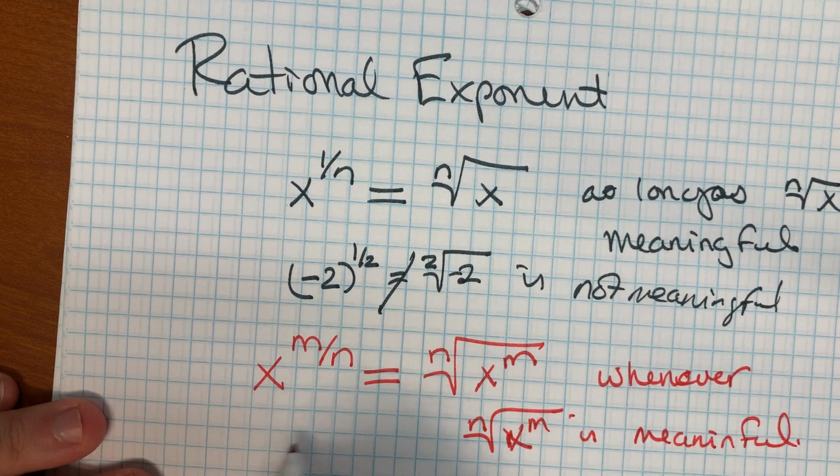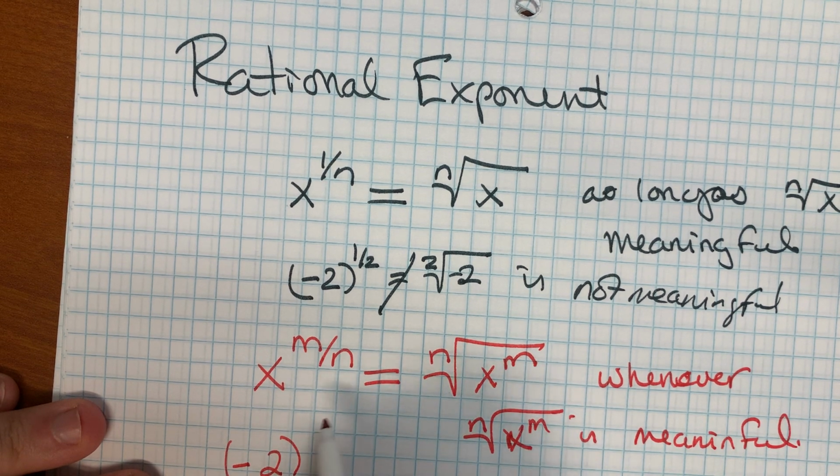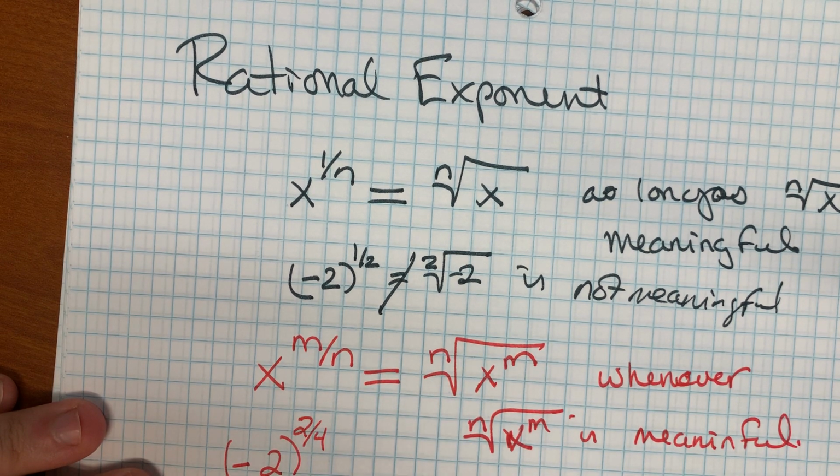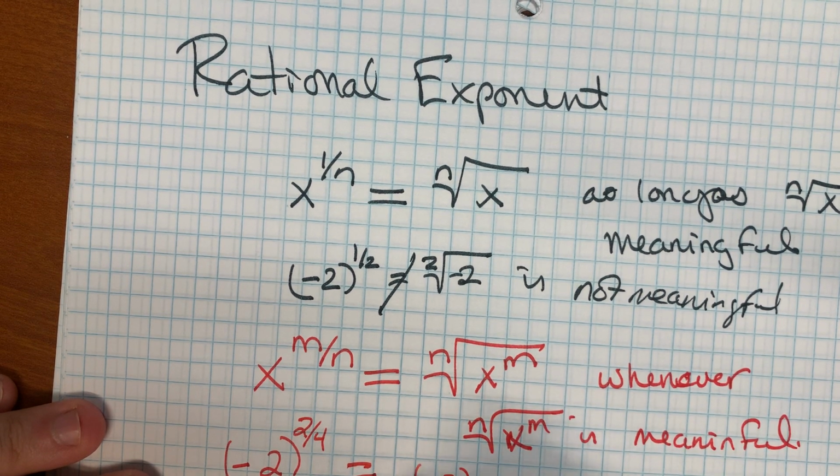So if we have negative 2 to the, let's see, 2/4, that is negative 2 squared to the 4th.